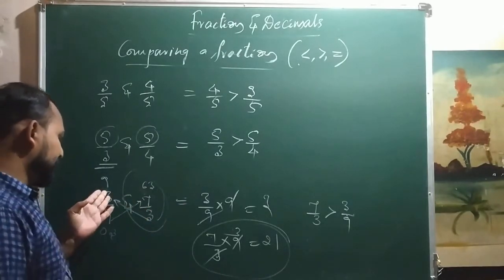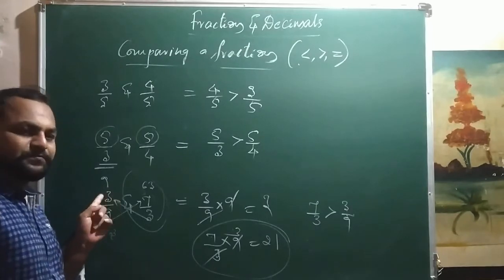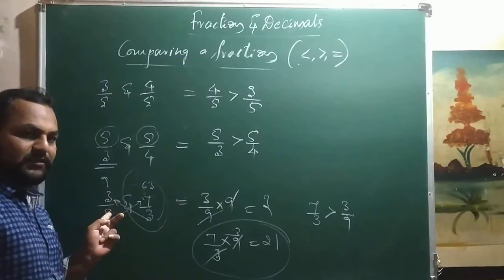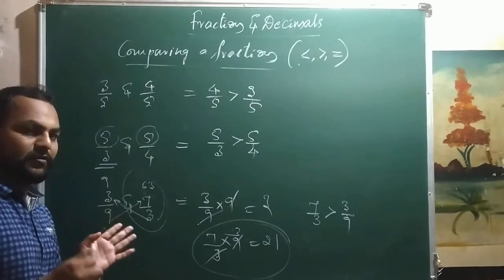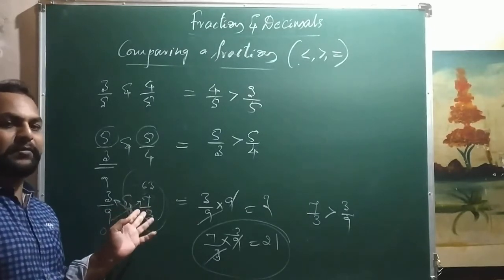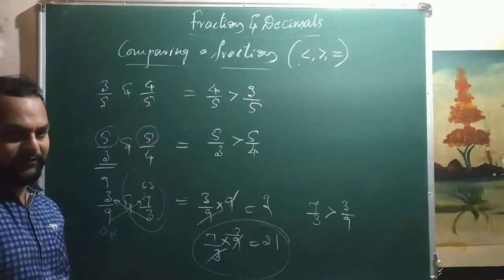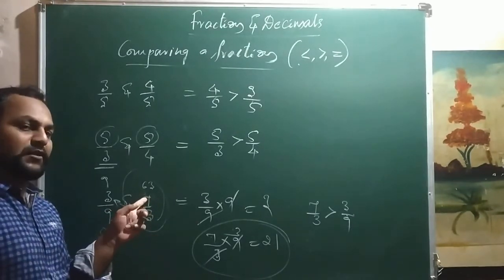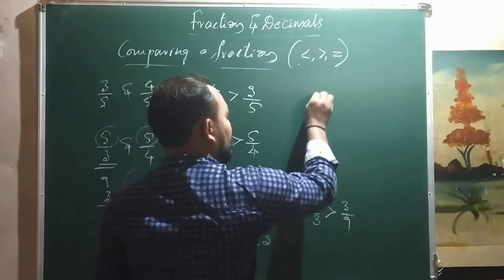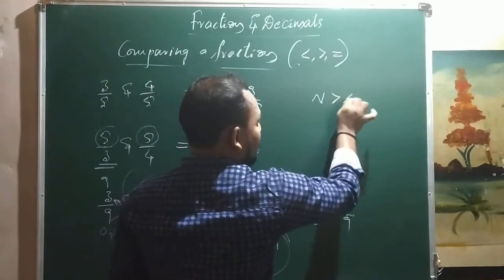Here, 3 by 9: when the numerator is smaller than the denominator, the fraction is in between 0 and 1. Here 7 by 3 is more than 1, because the numerator is greater than the denominator.